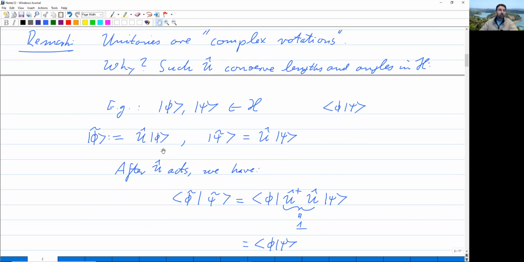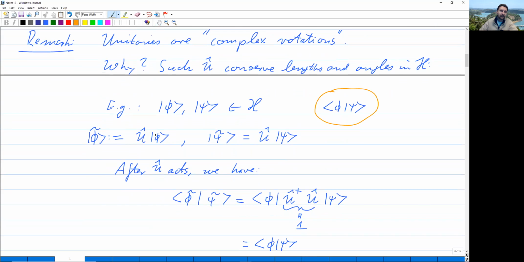So to see that, let us look, for example, at two vectors in the Hilbert space, phi and psi, and let us look at their inner product. Now, their inner product is this. Now, let us map the two vectors under a unitary transformation.